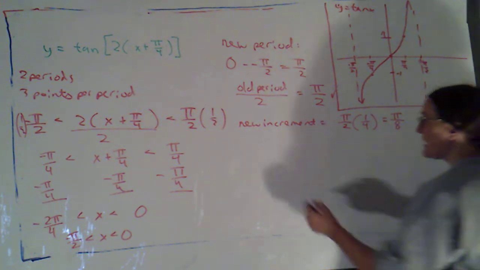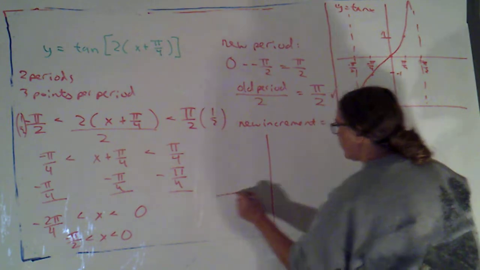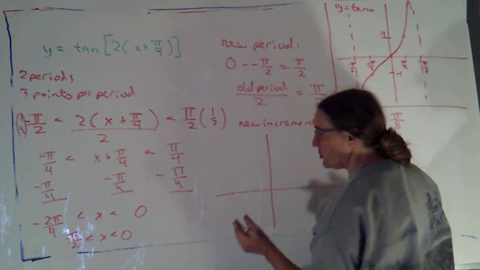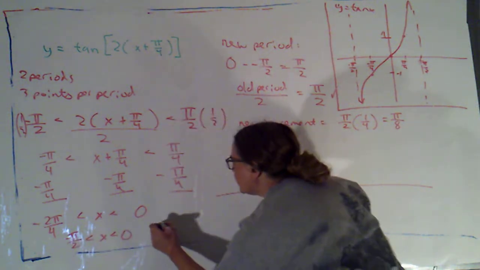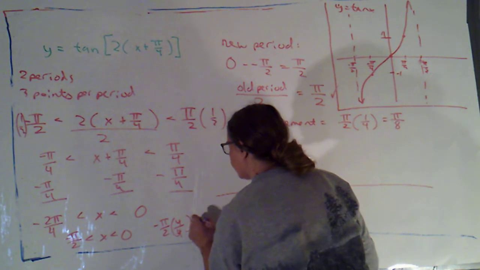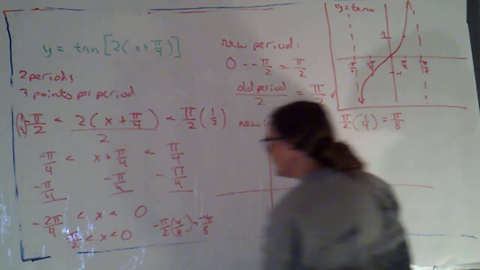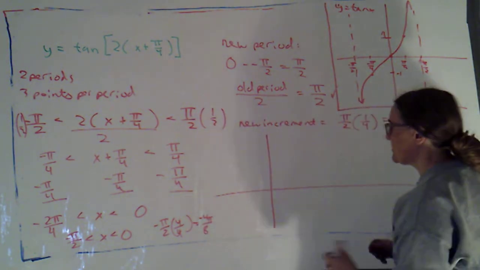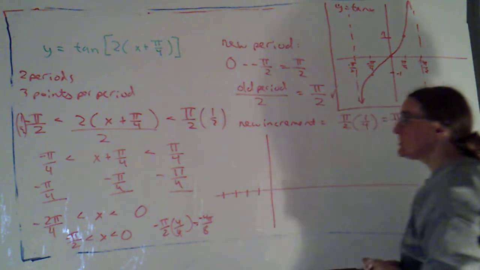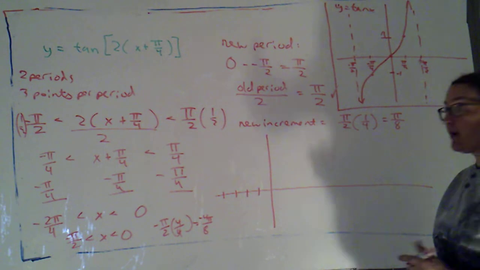So when I am plotting my points, I'm going to start at negative pi over 2. Now negative pi over 2, if I multiply by 1 in the form of 4/4, is negative 4 pi over 8. So I'm going to just mark off 1, 2, 3, 4. Each of those tick marks now is a pi over 8.